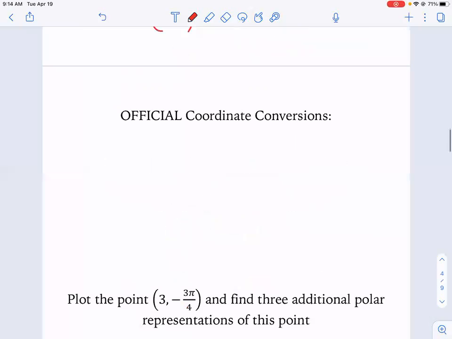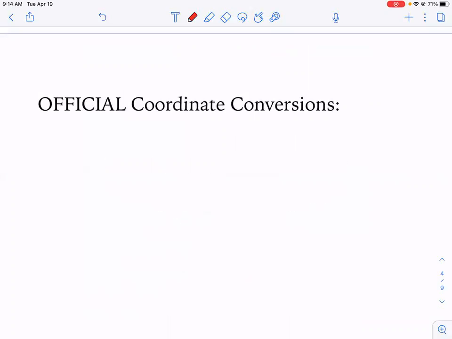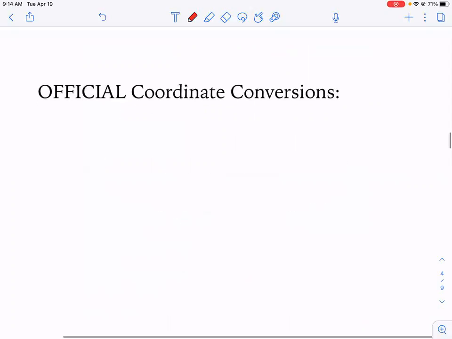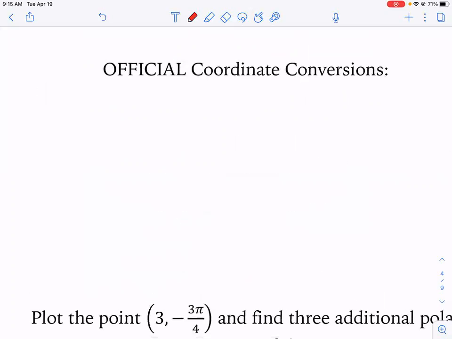Now that we've played around with some coordinates, let's actually talk about what our conversions are going to be to go from a rectangular to a polar or a polar to a rectangular coordinate. So I'm going to draw an XY axis here.